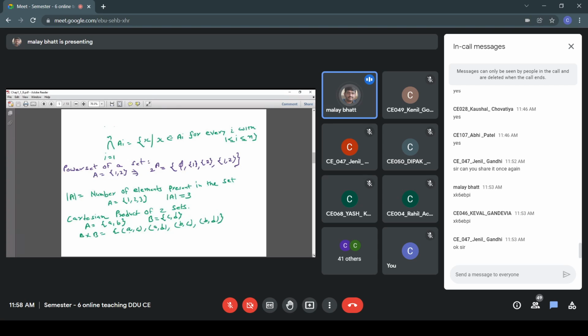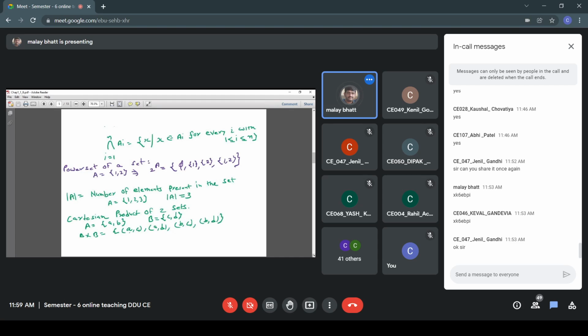So for the intersection, if X is a part of the intersection, then X must belong to every set. It must be a part of A1, it must be a part of A2, similarly it must be a part of An. Then we represent it using the intersection sign, i equal to 1 to n, A of i, for the intersection of all the sets.